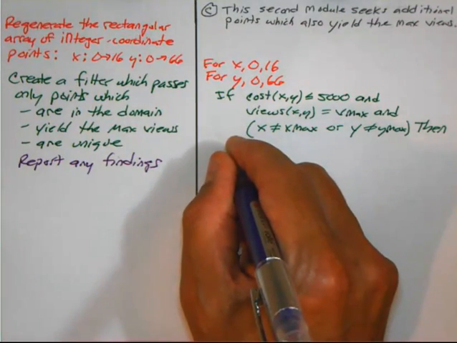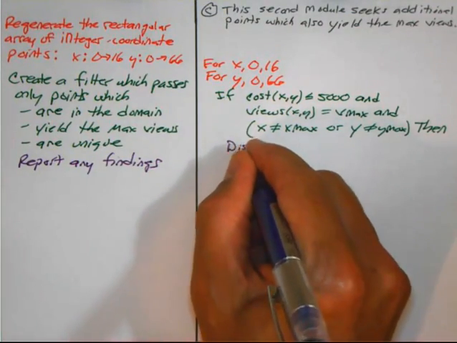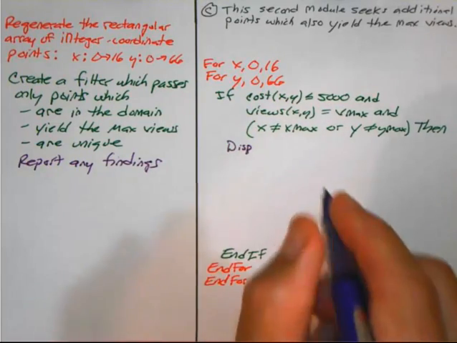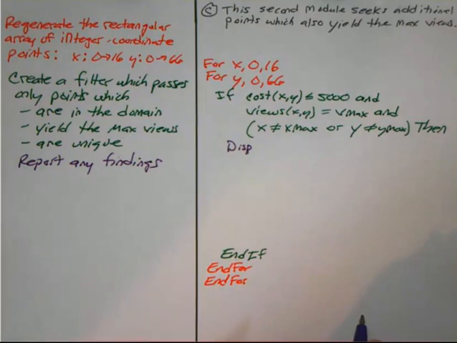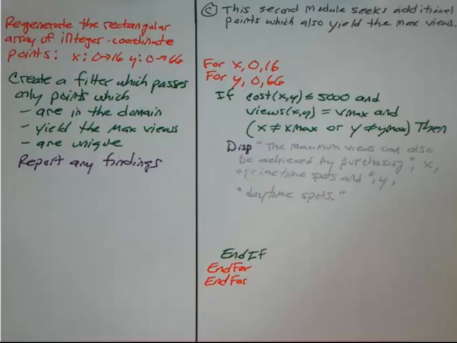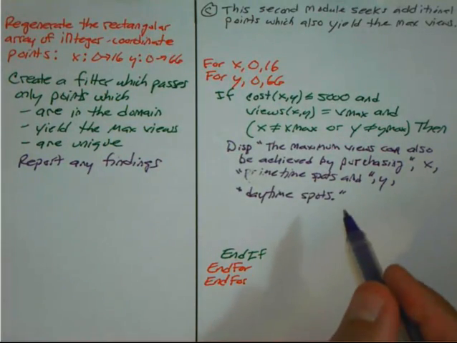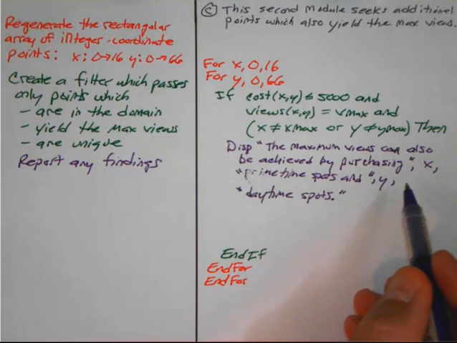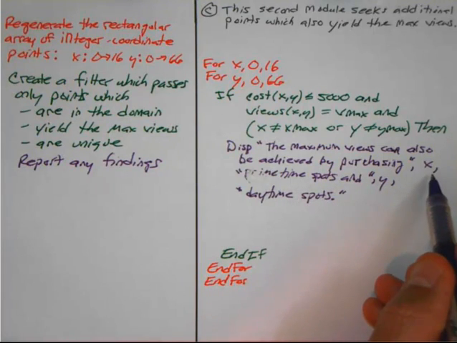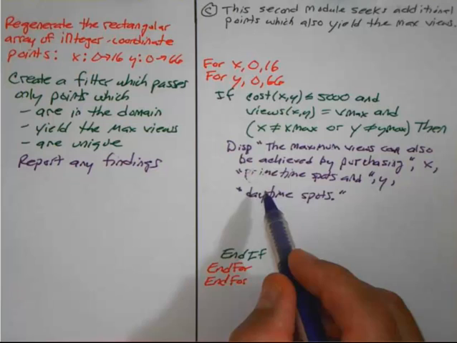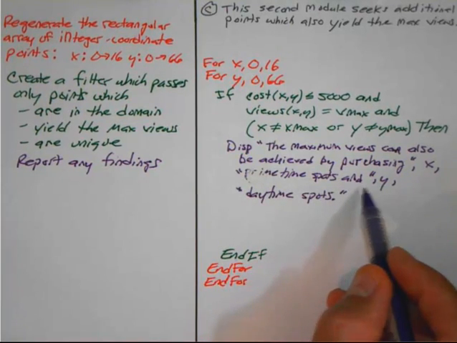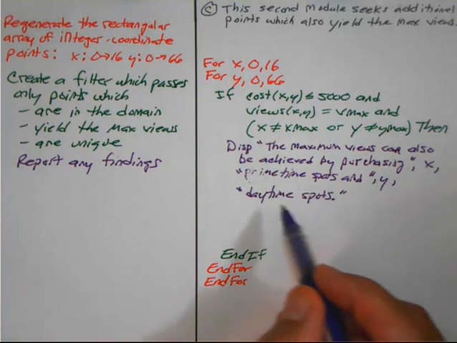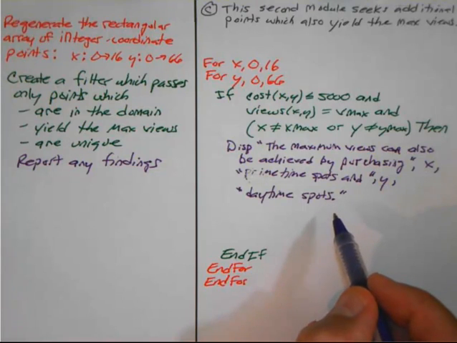Okay, so then we could have display, and we would have a little sentence. So we may display a sentence that reads, the maximum views can also be achieved by purchasing, record variable x right now, that's the number of primetime spots, and report variable y, that's the number of daytime spots.